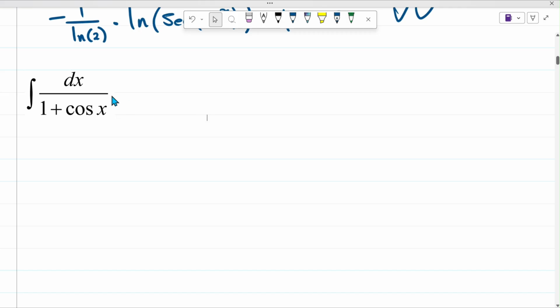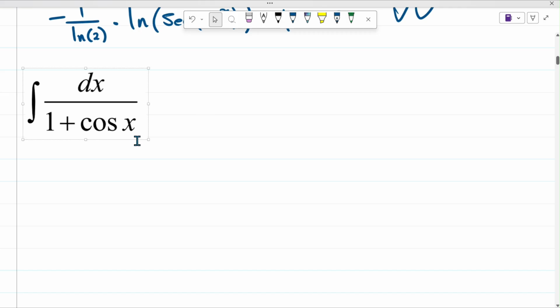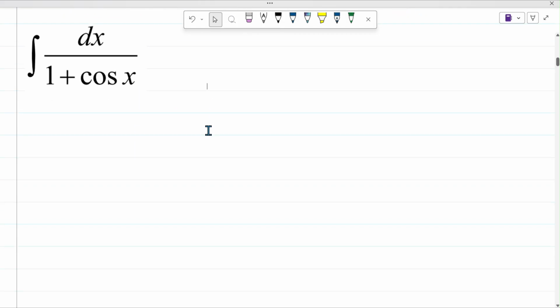So anyway, here I've got the integral of 1 over 1 plus cos x. This one you need to cram.